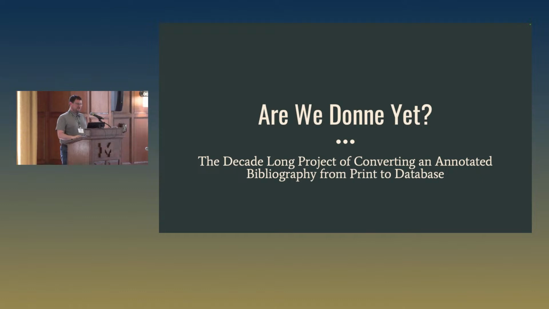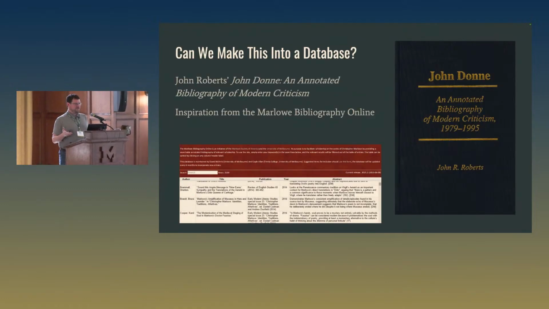Back in November of 2014, one of my old coworkers, Jesse Sharp, came to me and asked if I thought we could convert this 4-volume annotated bibliography of John Donne scholarship that he found super useful in his PhD dissertation into a database. He was inspired by this other project called the Marlowe Bibliography Online, where they were doing it with Google Sheets, and we were like, we're both librarians. We could do something cooler, right?